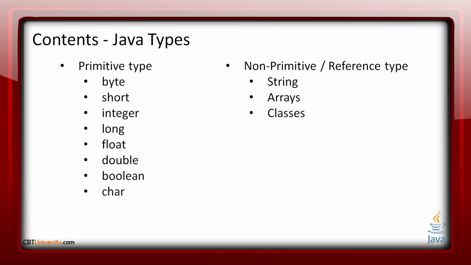The primitive data types are basically the built-in data types, and there are 8 primitive data types supported by the Java language. They are byte, short, integer, long, float, double, boolean, and char. And the non-primitive data types, or reference types, are string, arrays, and classes.